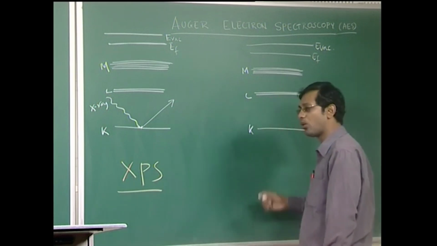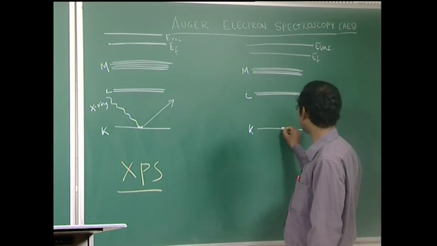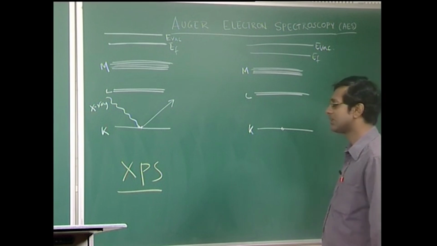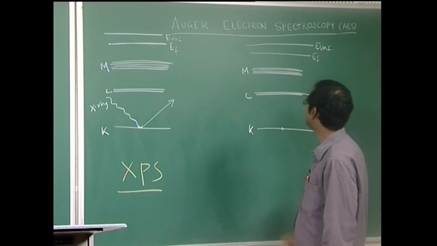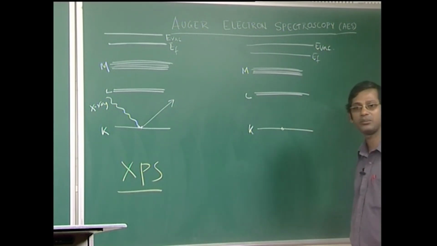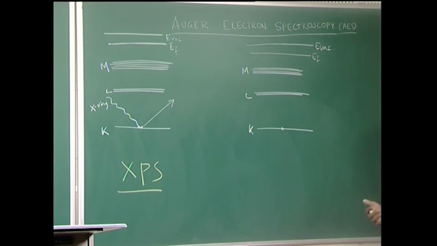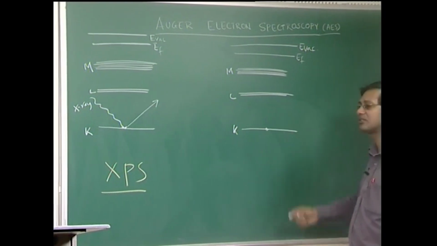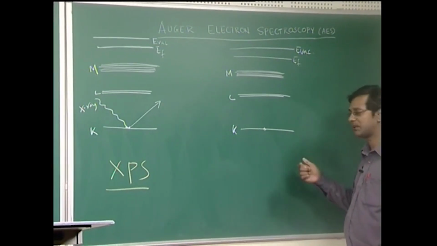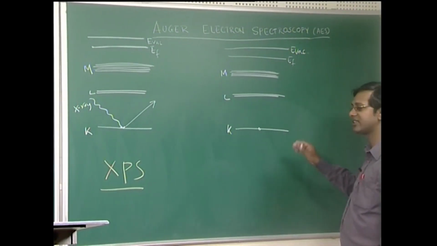Now I have already created a hole in the K level because of this radiation. So, what will happen? This atom is now in an excited state, basically an ionized atom, because one electron has gone out.